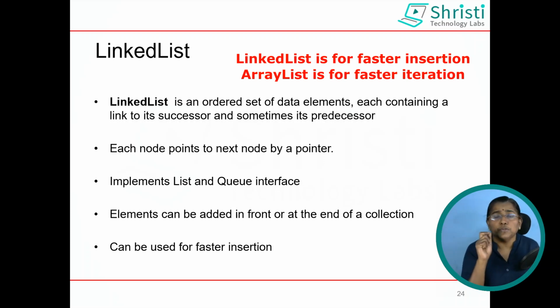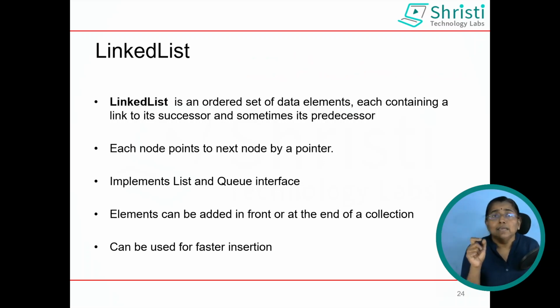Guys, the difference between ArrayList and linked list is, use ArrayList if you want faster retrieval. Suppose there are 50 people standing in a line and I want to call a particular person, I can call them by index. Person standing in position 10, come out. Person standing in position 20, come out. So ArrayList can be used for faster retrieval.